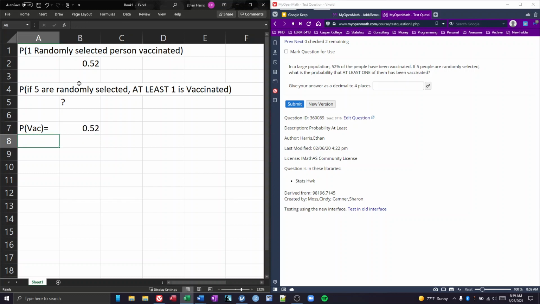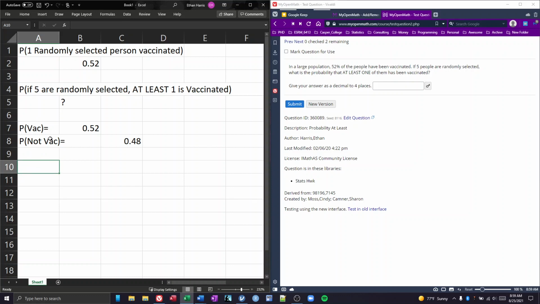Let's say the complement of that might prove to be handy. Probability of not vaccinated, and that's just the complement. So we could do equals 1 minus 0.52, and the probability that a randomly selected person is not vaccinated is 48%.